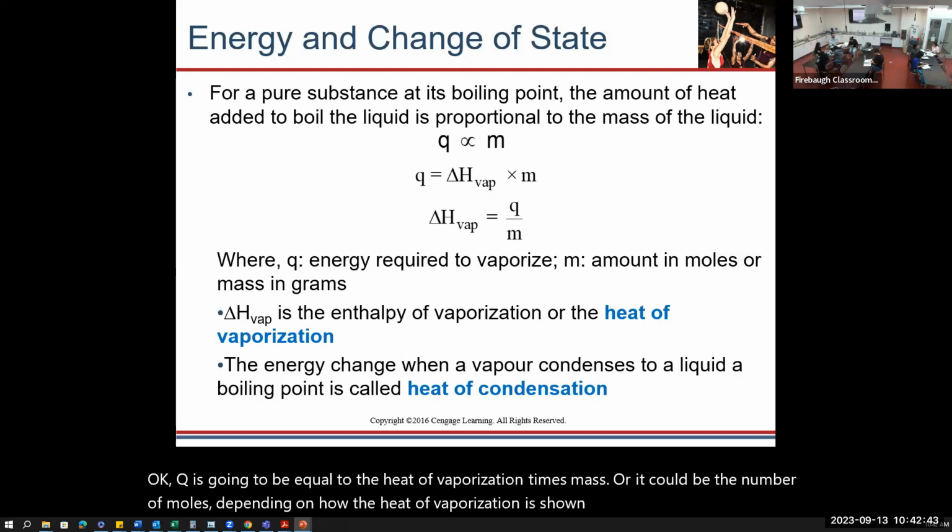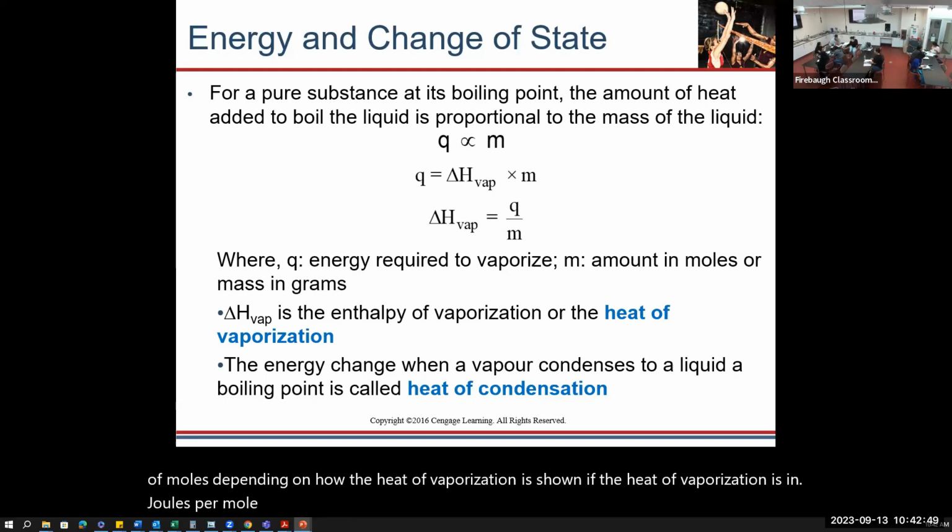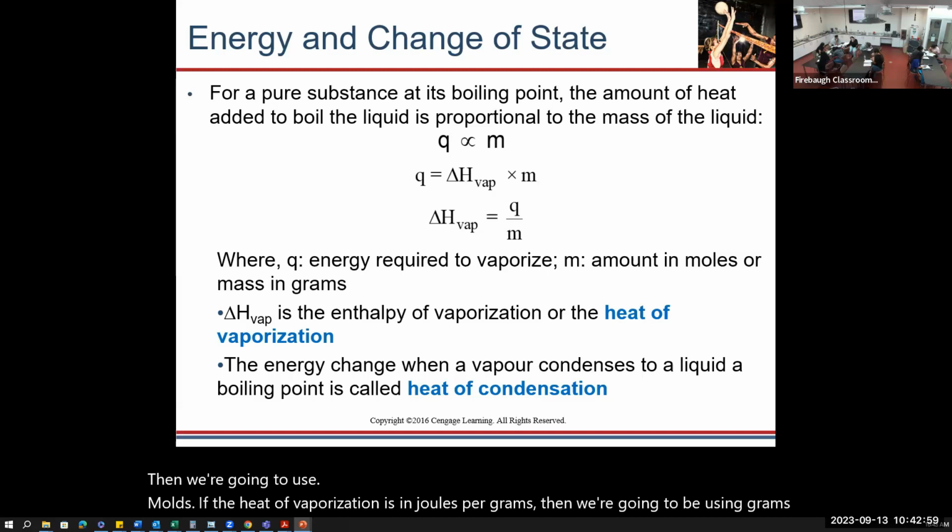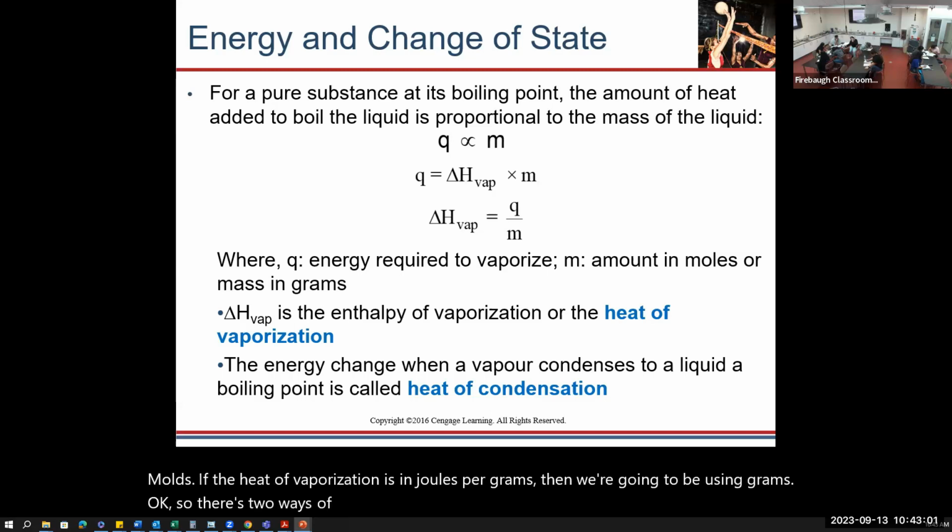If the heat of vaporization is in joules per mole, then we're going to use moles. If the heat of vaporization is in joules per gram, then we're going to be using grams. So there are 2 ways of showing the heat of vaporization: joules per mole or joules per gram.